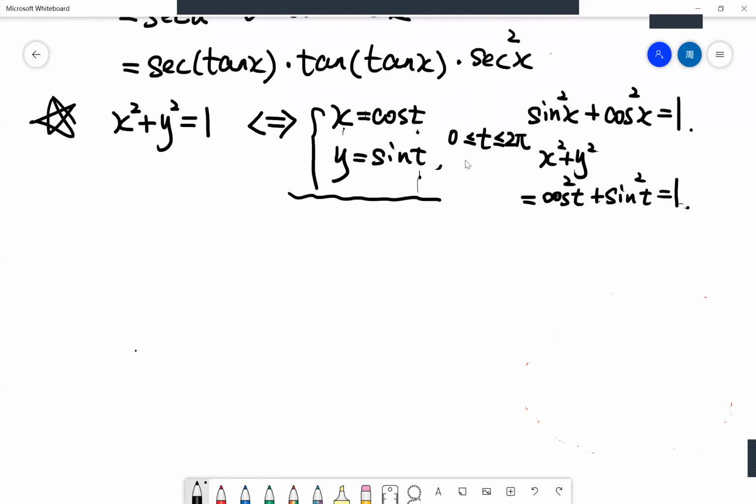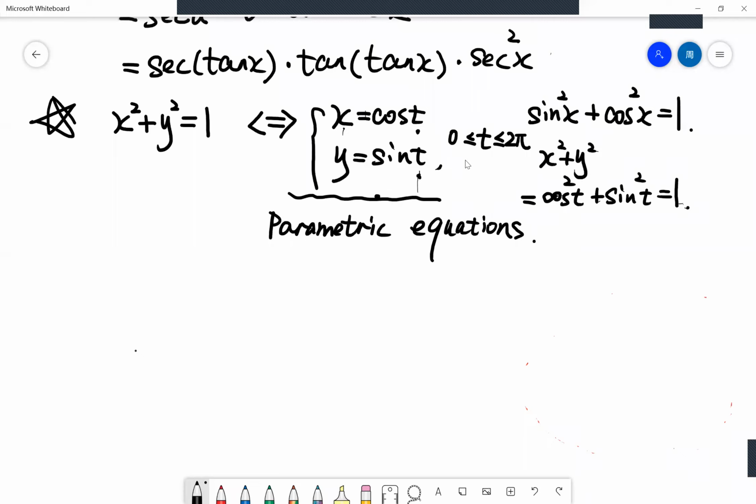So we call this kind of equations, where x and y are functions of the same variable t, parametric equations.